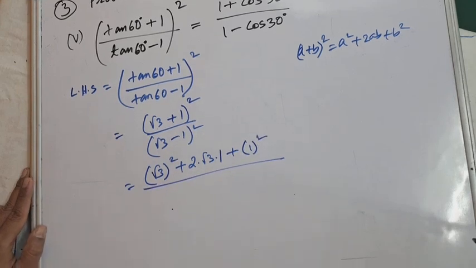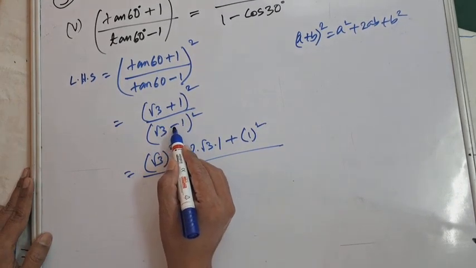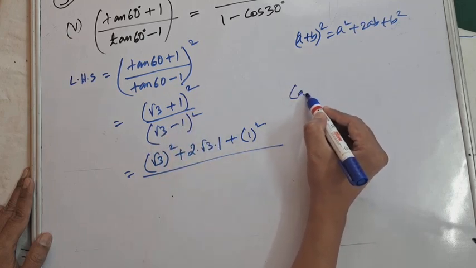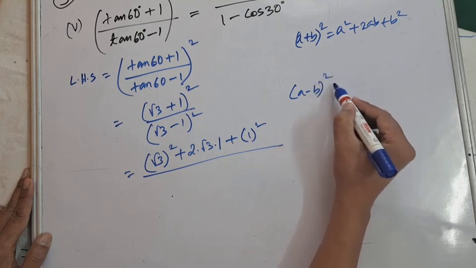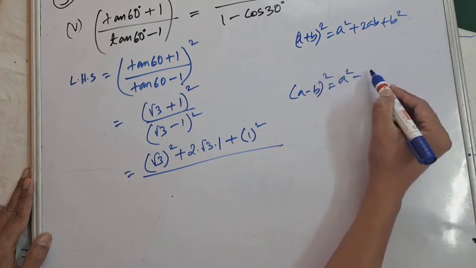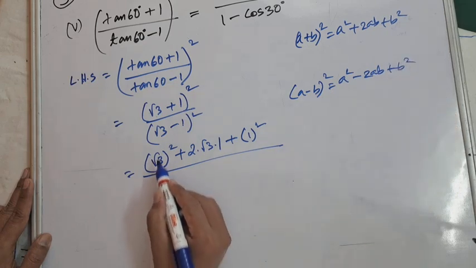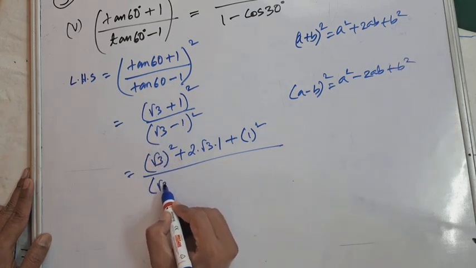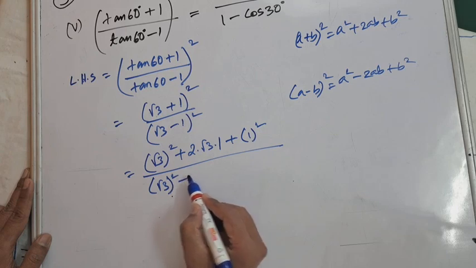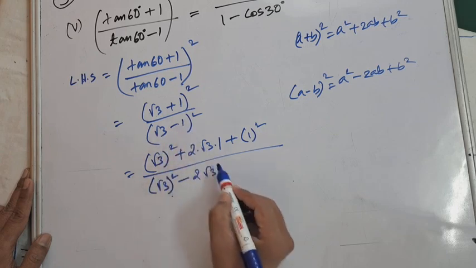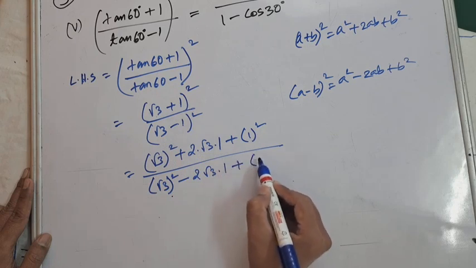In the denominator, A minus B whole square is A square minus 2AB plus B square, isn't it? So what is A? A is root 3. A square minus 2, A is root 3, B is 1, plus B square, 1 square.